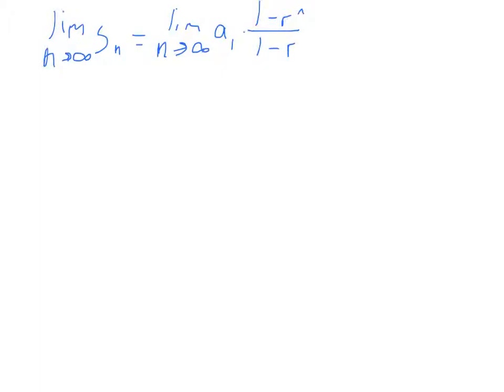The question is, what is happening to this expression as n gets really, really big? That depends on where n shows up in our expression, and the only place n shows up is right here, in the exponent. So the question becomes, what's happening as this exponent gets really large? And does it depend on what r is?